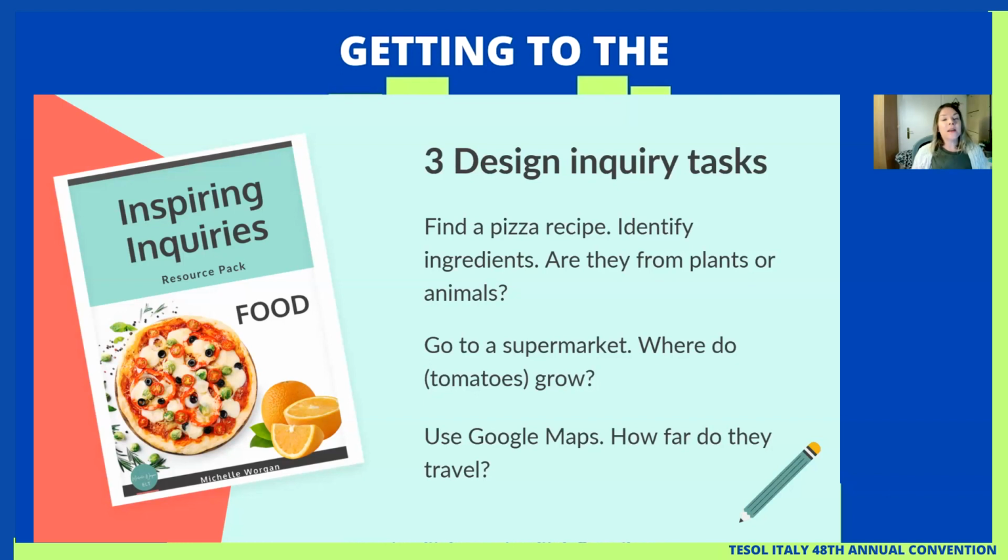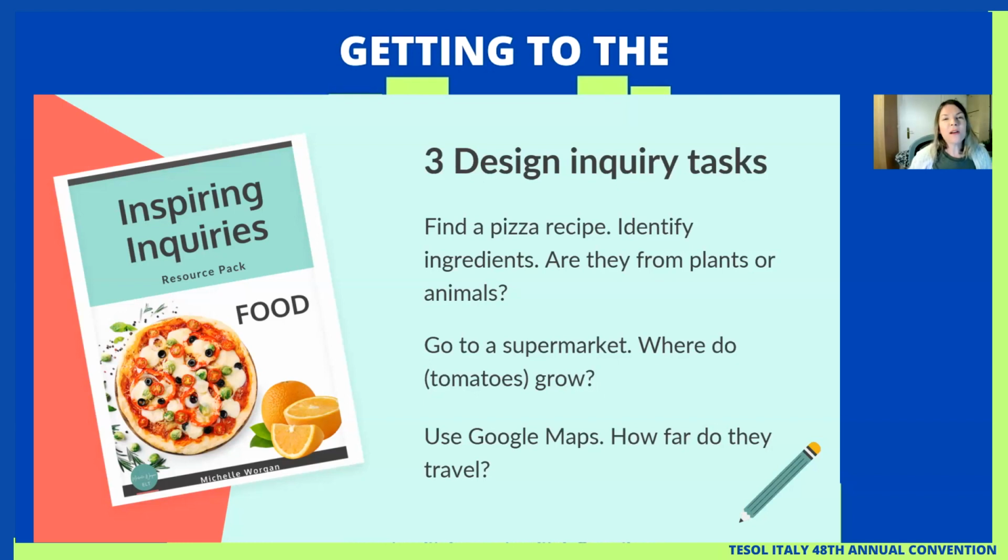And then we would work out how far the ingredients have traveled to get to their supermarket using Google Maps, for example. So you can see how we're moving from identifying food, we're working with new vocabulary for food, and then we're finding out about where these foods come from, and then we're exploring distance.